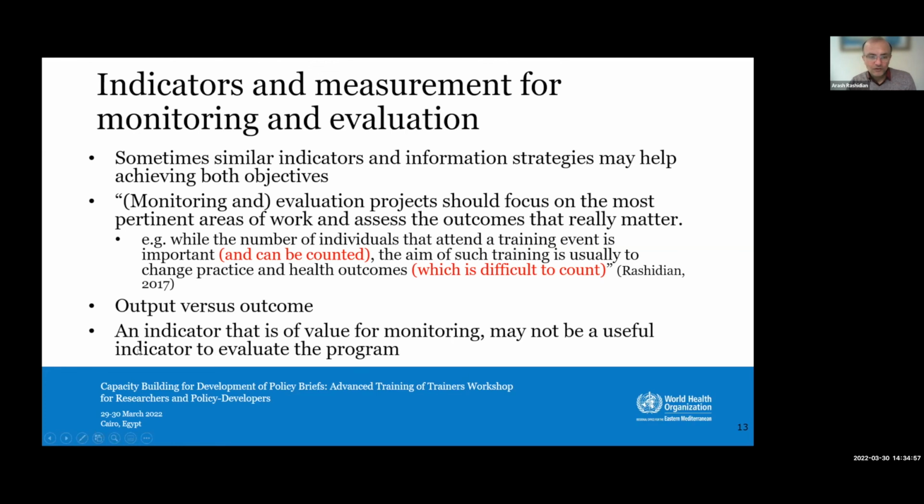Most often, however, the indicator is the value for monitoring, so showing how it works. Look at your organization, look at your office, the things that you report on, the things that you collect data on. Most of us are very regularly monitored in terms of how much money we spend, the expenditure, how the money is going around.